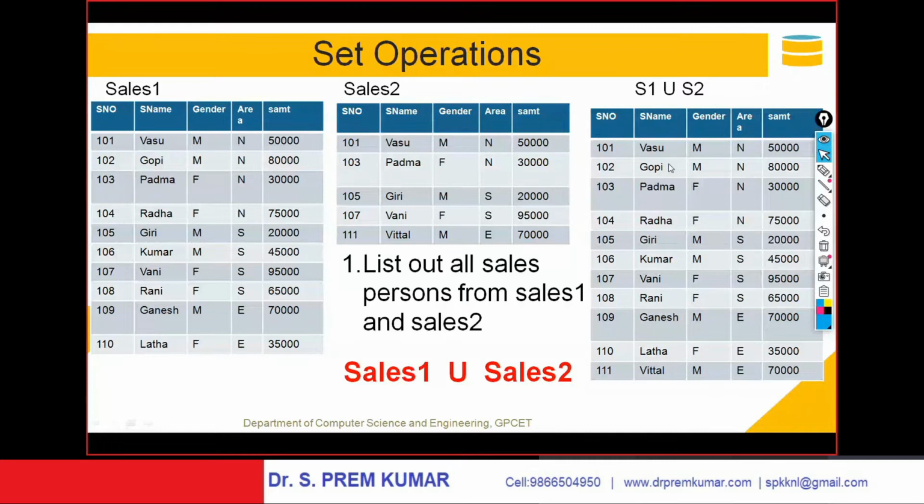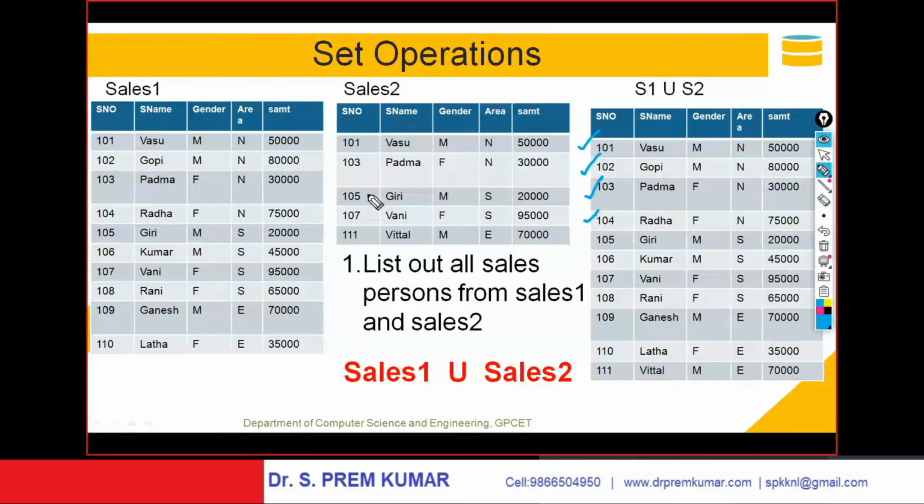101 and 101, so you got 101. 102 is here, but you don't have 102 in the other table, but this is a union operation. Union operations are nothing but the rows of the first and the rows of the second, eliminating duplicates. Hence you got 102. Here you have 103 and 103; duplicates are eliminated and you get only 103. 104 you have here, but not there, yet you got 104.